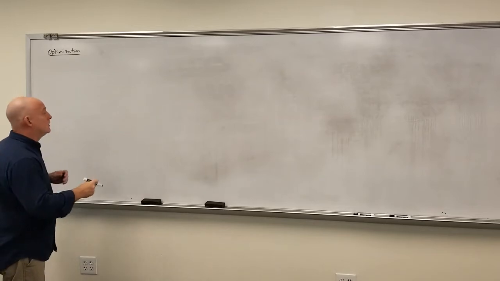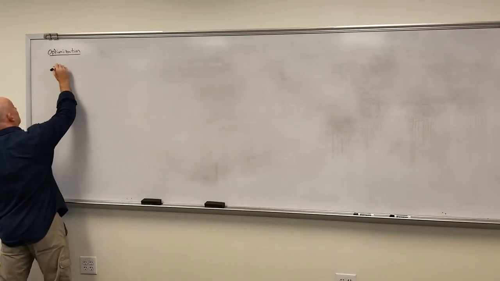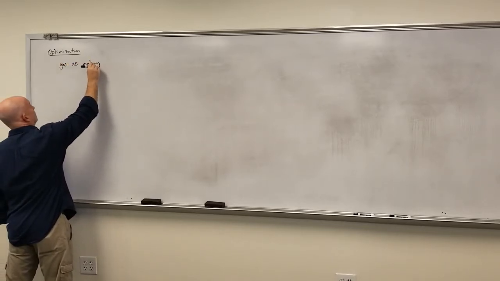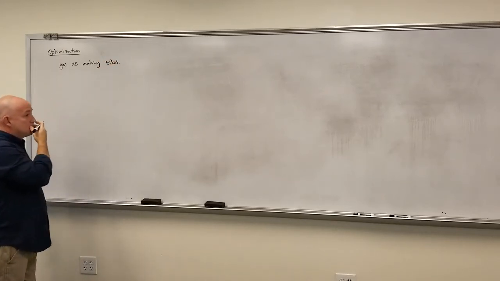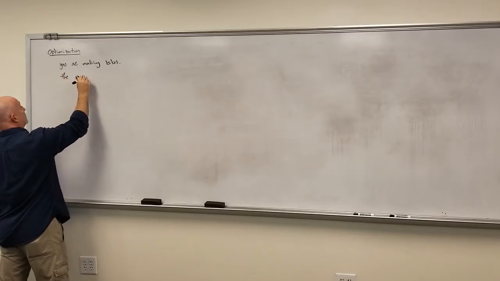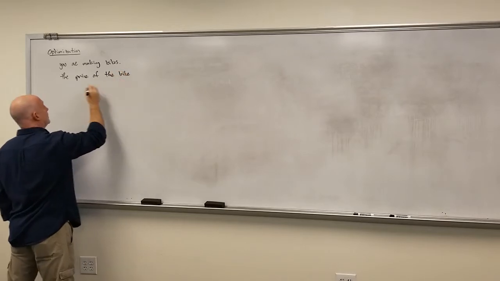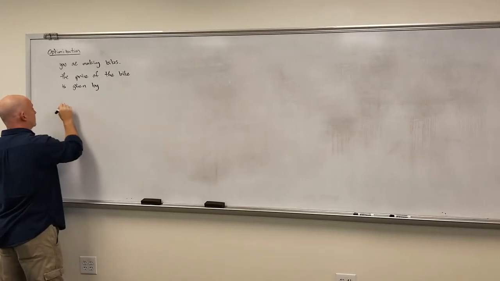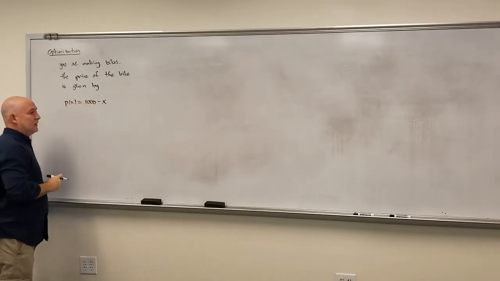Let's take a look at an example like this. Let's say that we're making bikes. And the price of the bike is given by the function little p of x is 1,000 minus x.